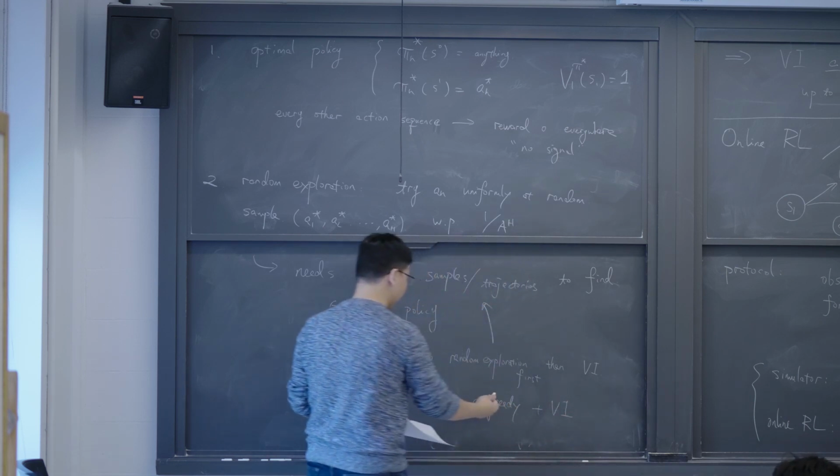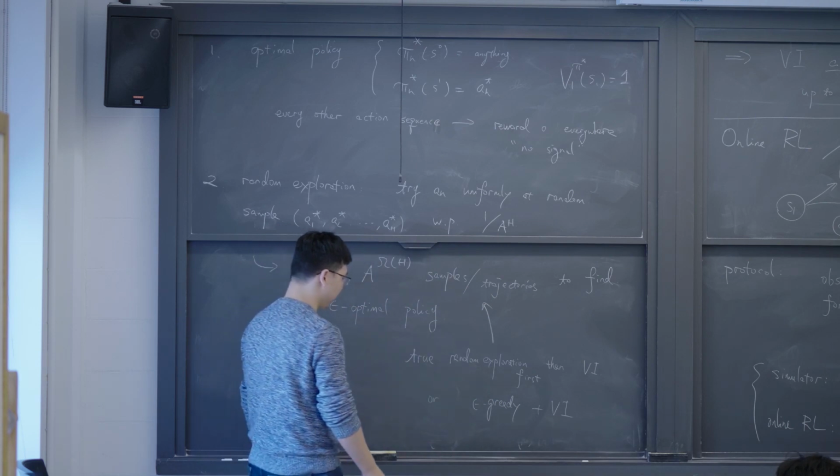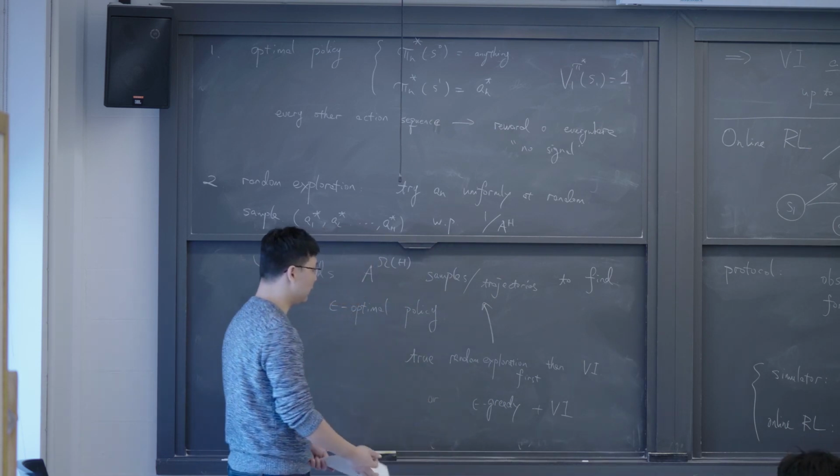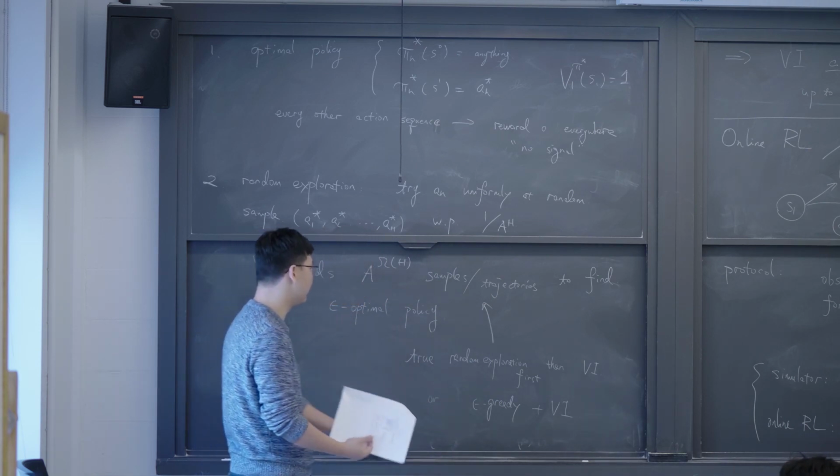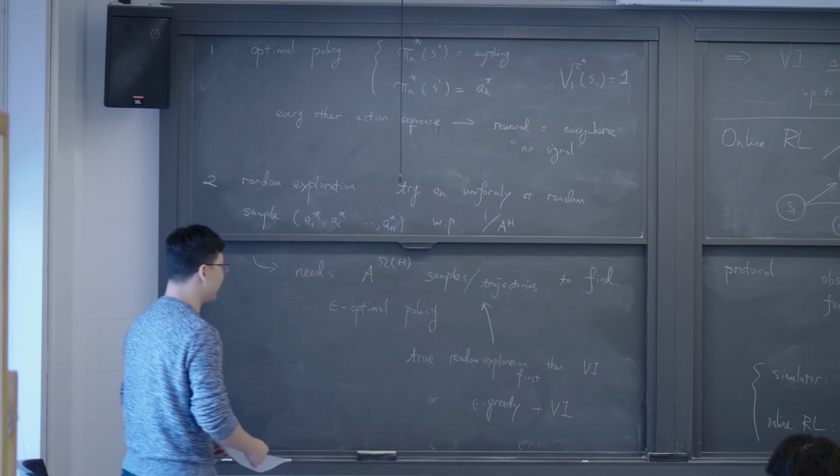By Epsilon-greedy I mean with 1 minus epsilon probability you do value iteration, and with epsilon probability you do some random action. But the whole idea is the same.